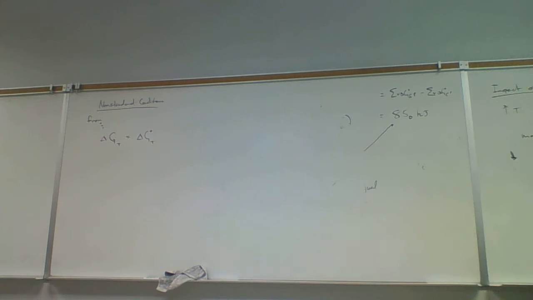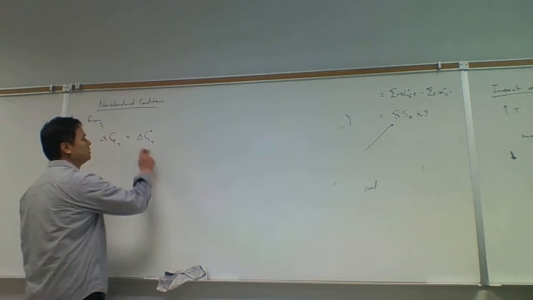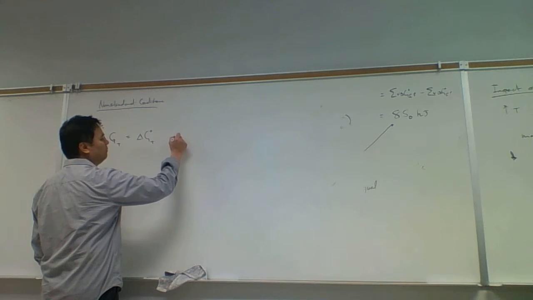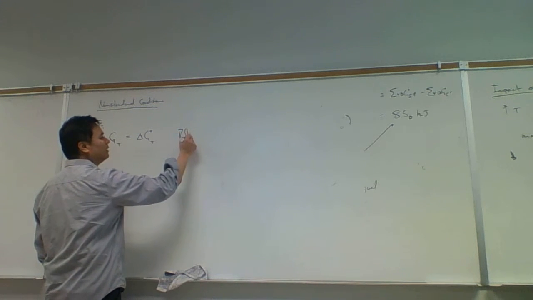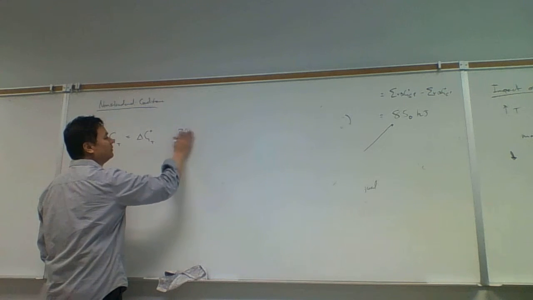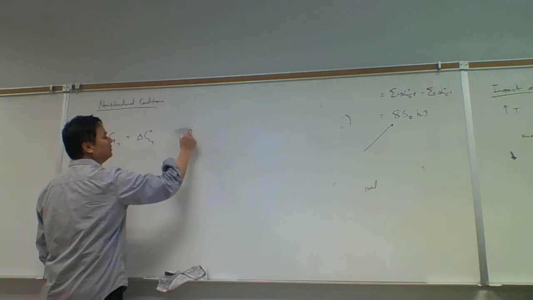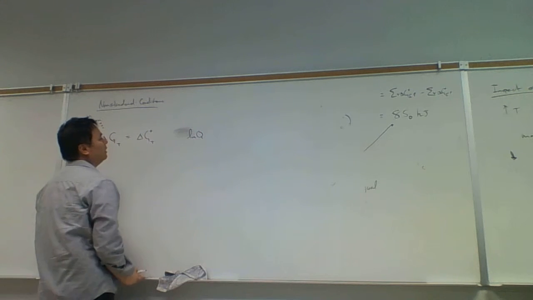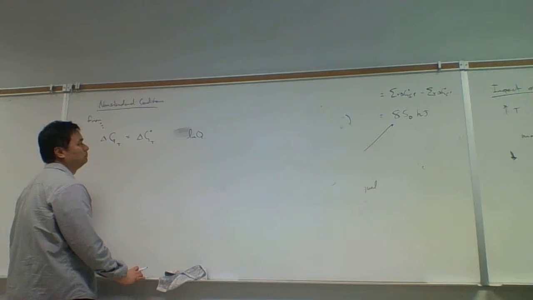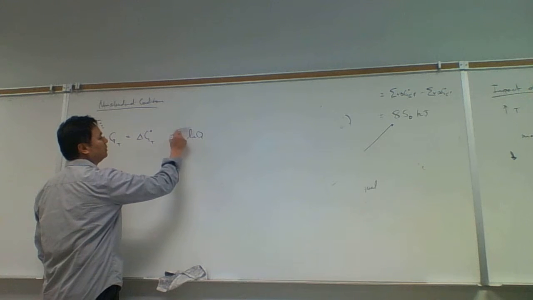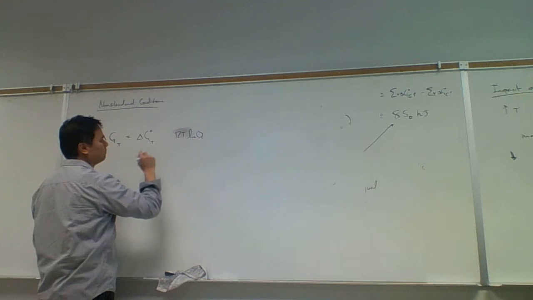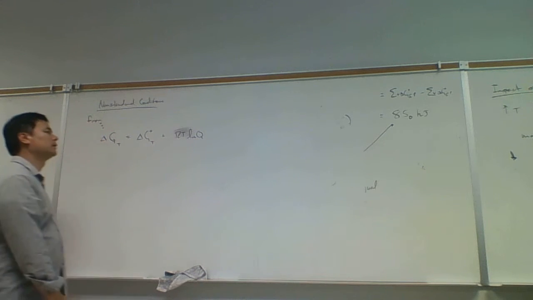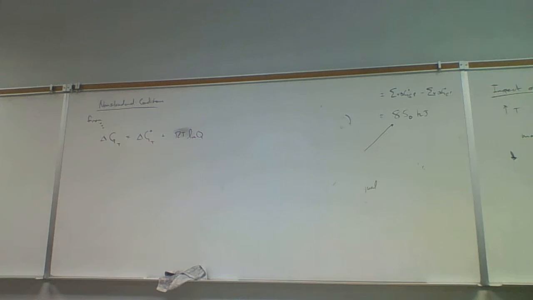The correction for non-standard conditions is going to go like this: RT ln Q. It's going to look something like this.